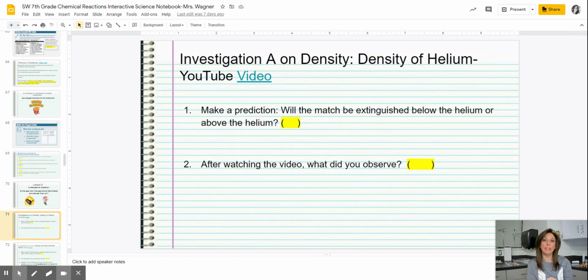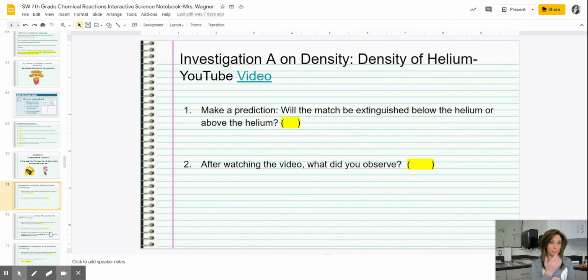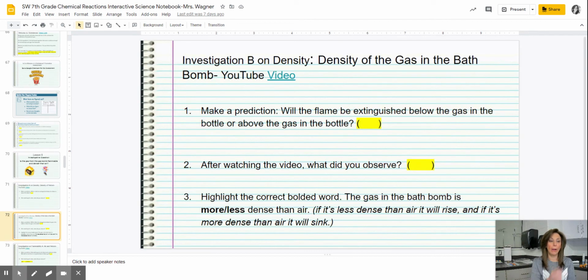If it's lighter than air, then the air below the helium will snuff out the flame. I hope that makes sense. Let me know if you have questions. All right. So you're going to do slide 71. And then you're going to do slide 72, investigation B on density.